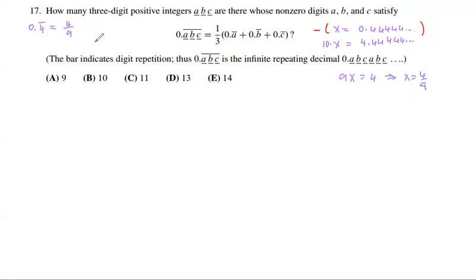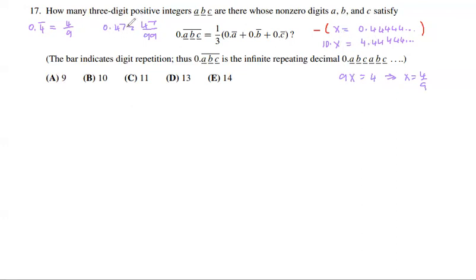If you have more than one digit, let's say 0.47 repeating, then you can write it as 47/99. If you are wondering why this is 99, when we multiplied by 10 earlier, the difference was 9.